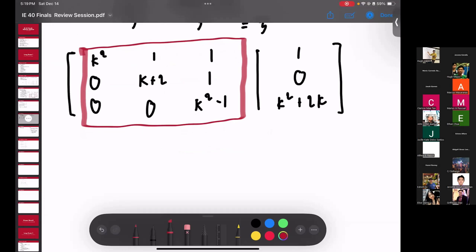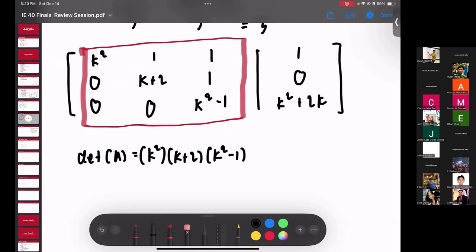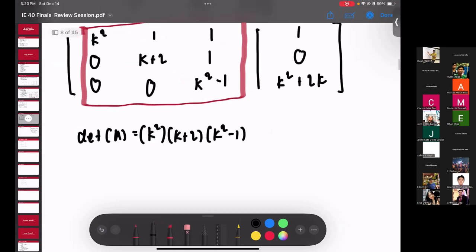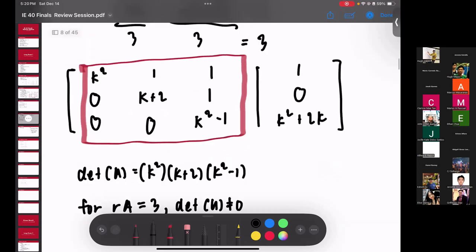And since it is upper triangular, the determinant of this matrix A is equal to just the elements along the diagonal. So k squared minus 1. So basically, for the rank of A to be 3, the determinant cannot be 0. Because if the determinant becomes 0, we're sure that it's not rank 3.